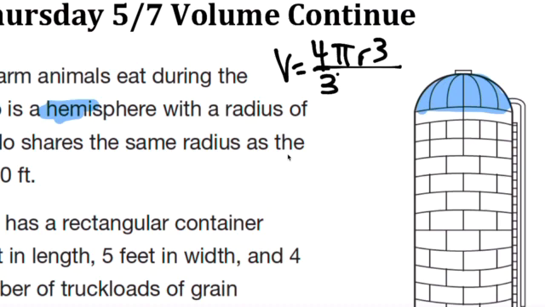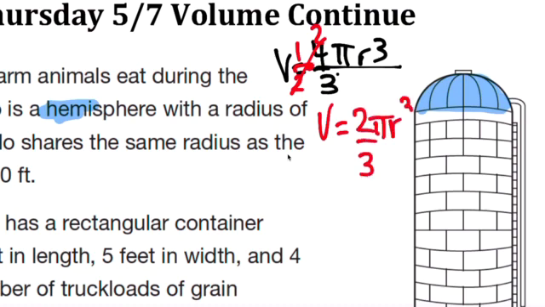So half of it, if I divide it by 2 or multiply it by a half, because divided by 2 is the same thing as multiply by a half, you can cross cancel and get a 2. So a hemisphere formula is 2 over 3 pi r cubed, okay?